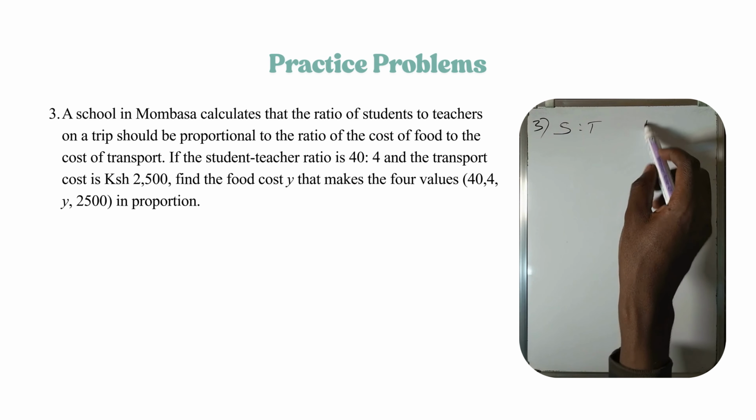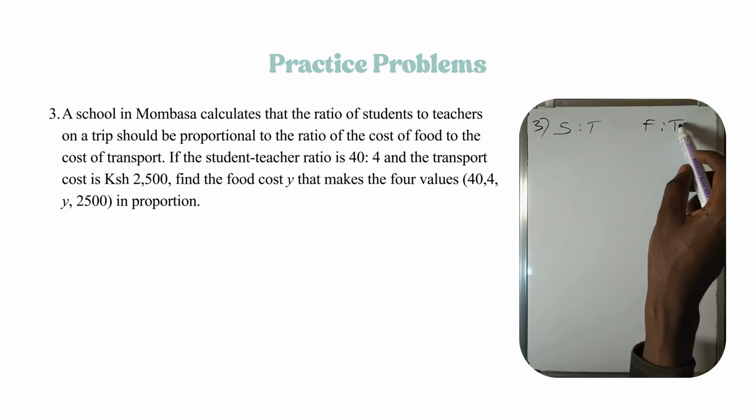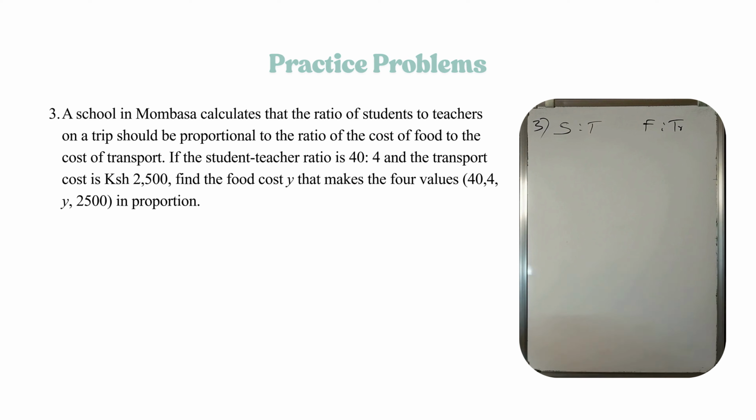So we can say food to transport. Now we agreed that every time we're talking about proportionality in ratios, we mean that the two ratios must be equal. So for the ratios to be proportional, we have to equate them.